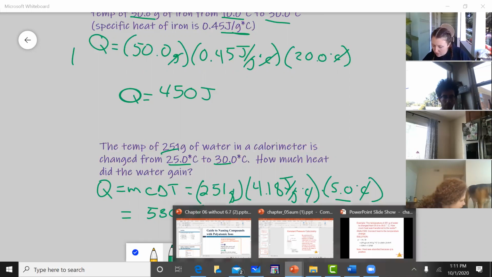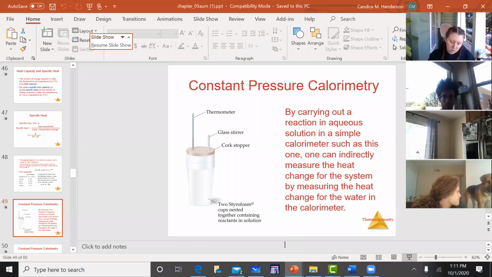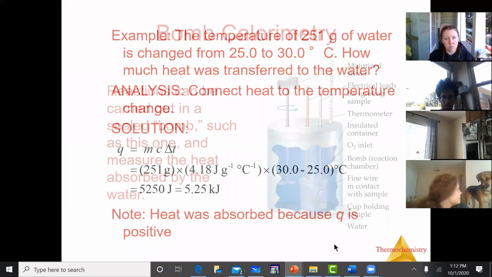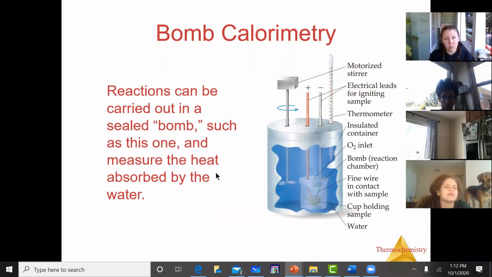So let's go back over to the slides here. We can run what's known as a bomb calorimetry. We have what we call a sealed bomb.